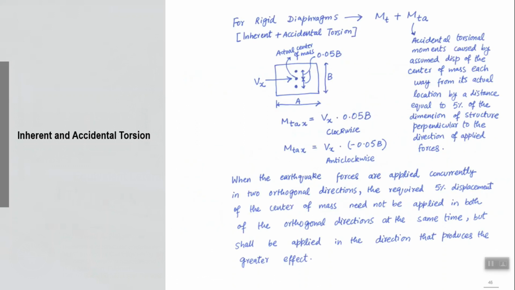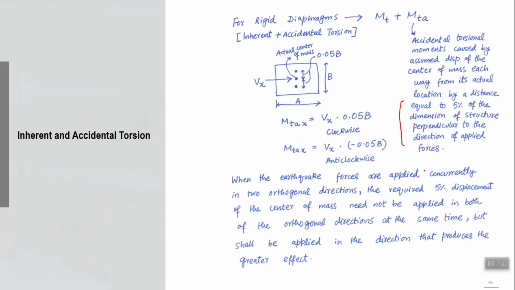The second type of torsion is accidental torsion, and it is the moment caused by assumed displacement of the center of mass each way from the actual location by a distance equal to 5% of the dimension of the structure perpendicular to the direction of applied loading. So the code handles this situation by giving you a minimum eccentricity which you should always consider even if there is no actual eccentricity.